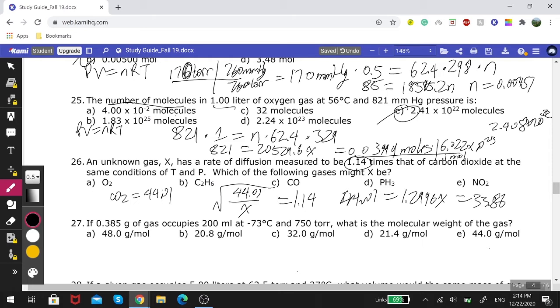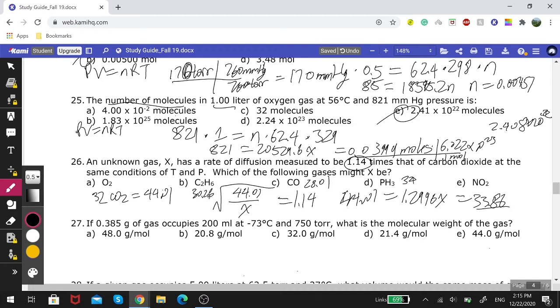Well, first, let's do oxygen times 2, 32. C2H6, which is 12.01 times 2 plus 1.01 times 6, 30.26. Next, we have CO, which is 12.01 plus 16, which is 28.01. Next, I have PH3. P is 30.97 plus 1.01 times 3, which is 34.